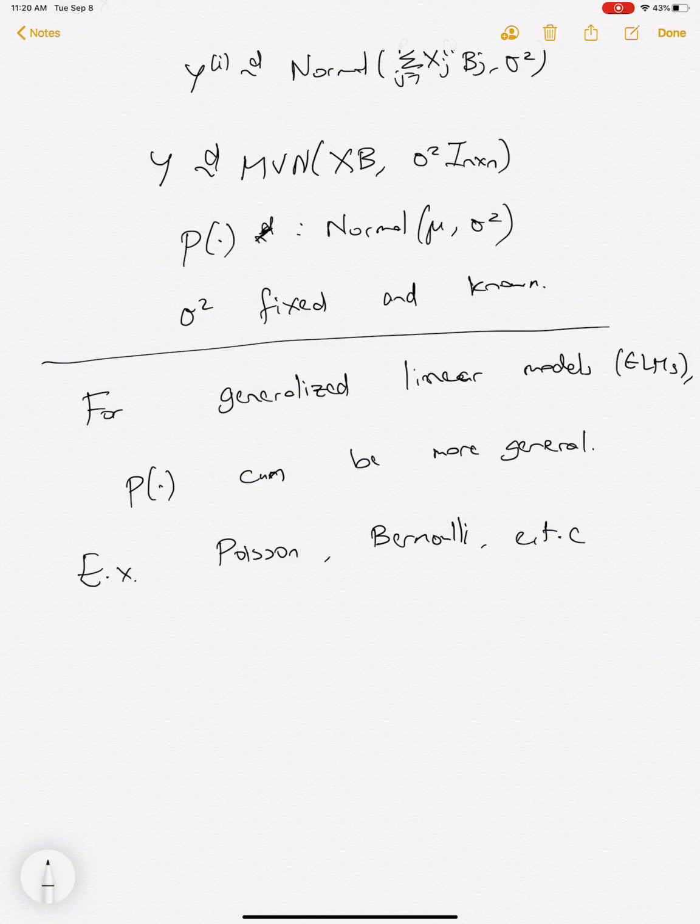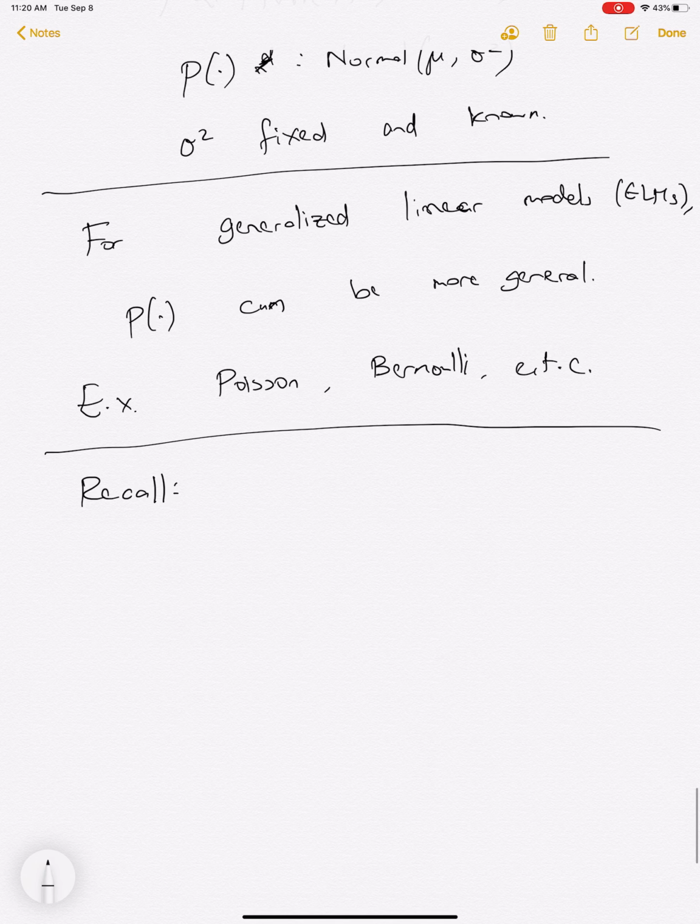So, for example, Poisson or Bernoulli or anything else. I'm just going to remind you of what those distributions are, and you may have learned them before. I'm just going to focus on Poisson and Bernoulli for now, but we'll make this a lot more general shortly.